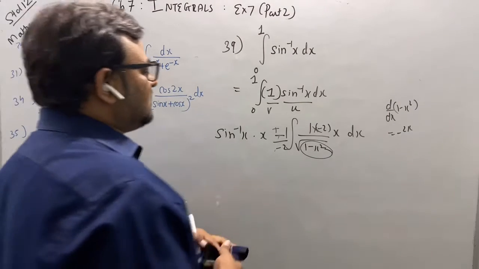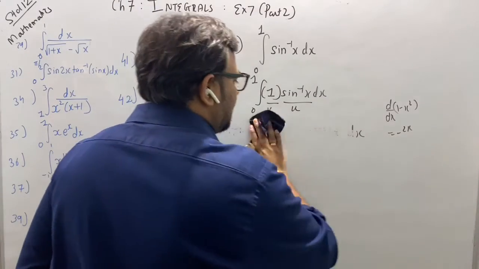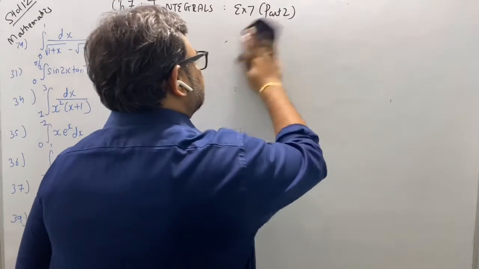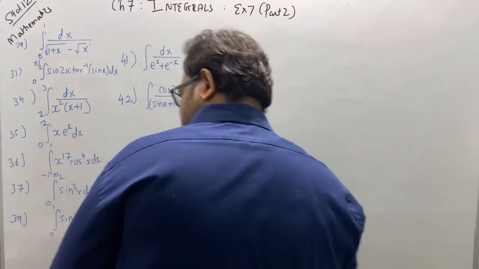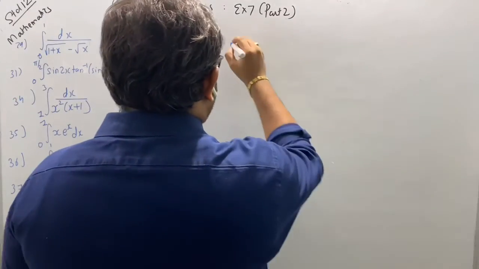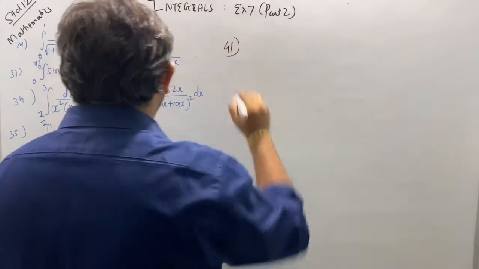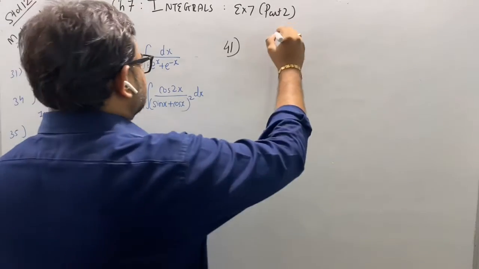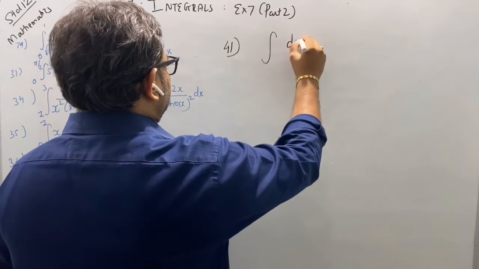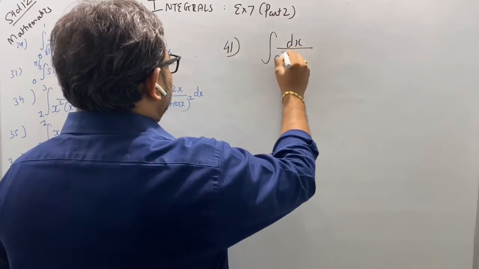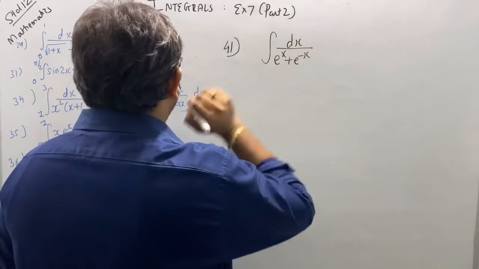Next, question number 41. dx upon e raised to x plus e raised to minus x.